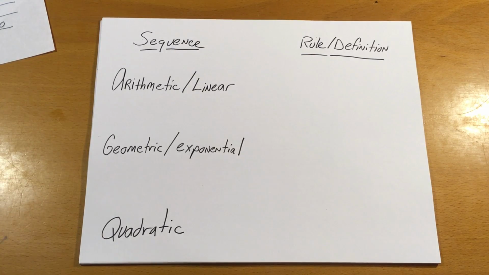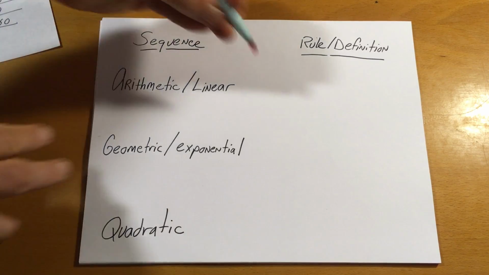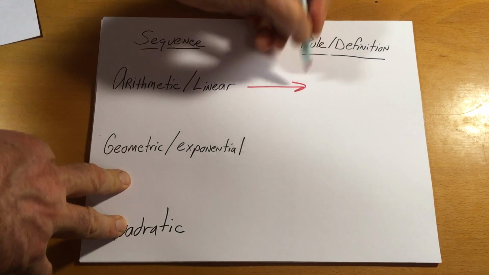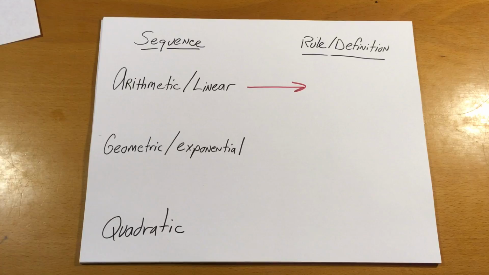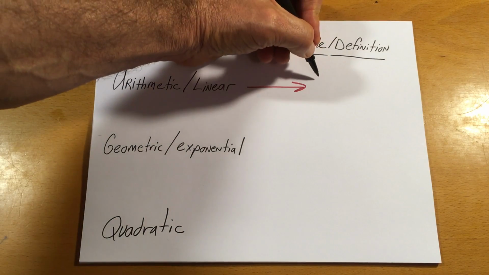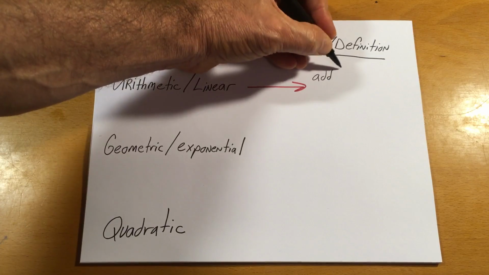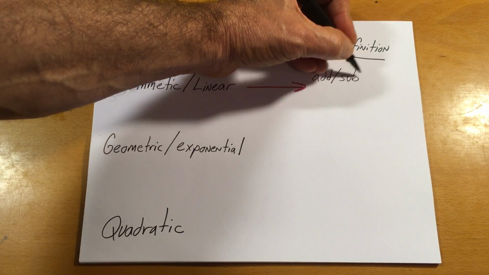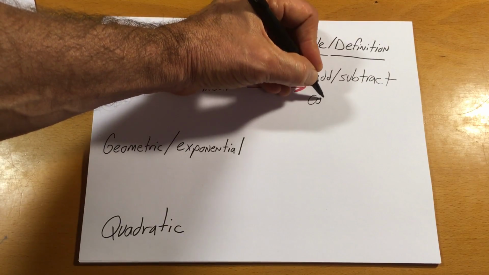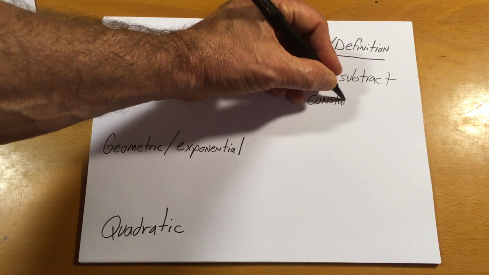What are the rules for each one of these? Well, the rule for arithmetic is that the first differences are constant. So the key to an arithmetic function is you add or subtract some number. And the formal way we say that is we say that we have constant first differences.